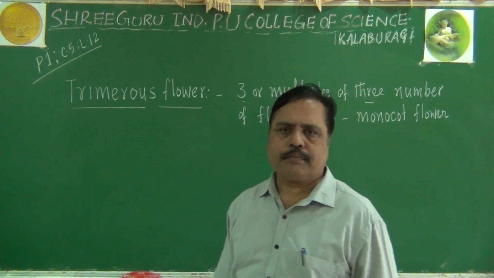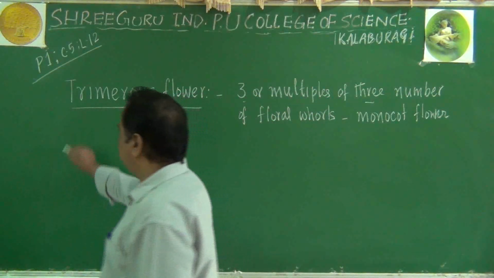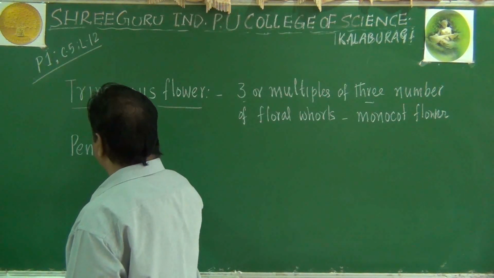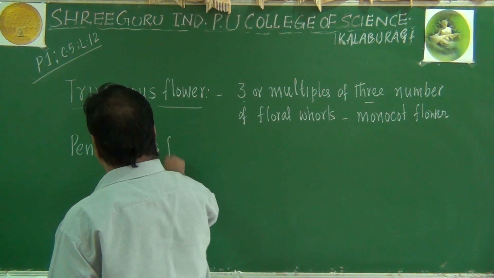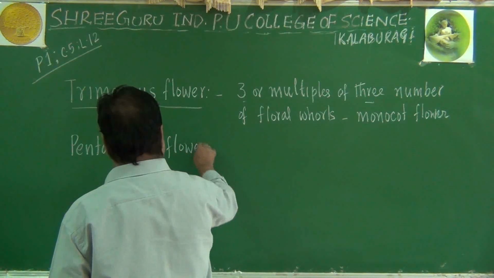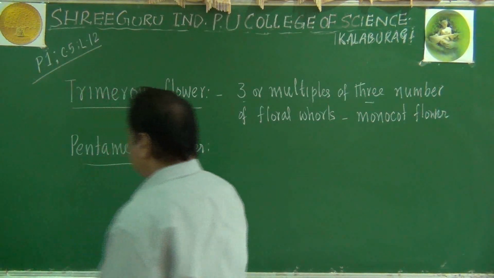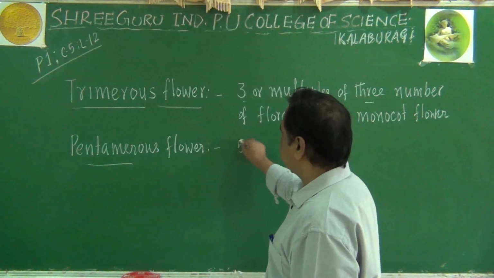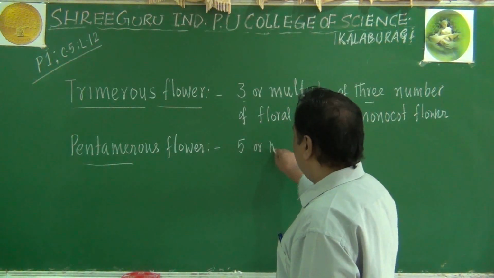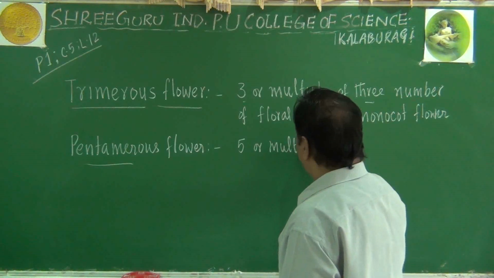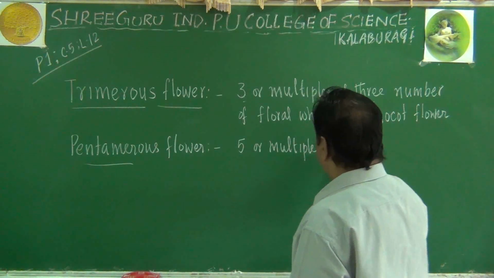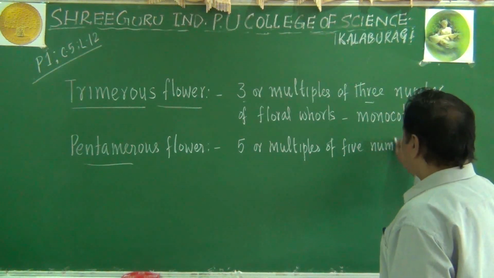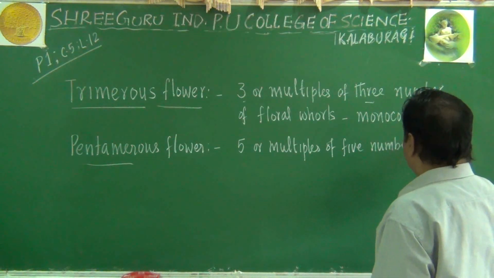Okay. There are flowers which are called pentamerous flowers also. The pentamerous flowers will be having 5 or multiples of 5 number of floral whorls in them.